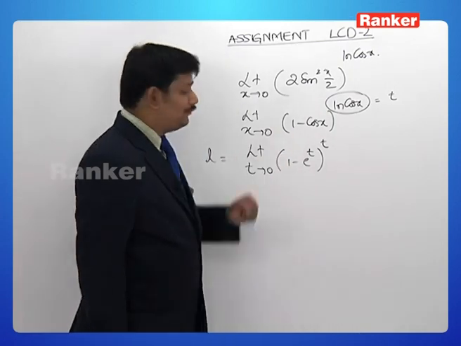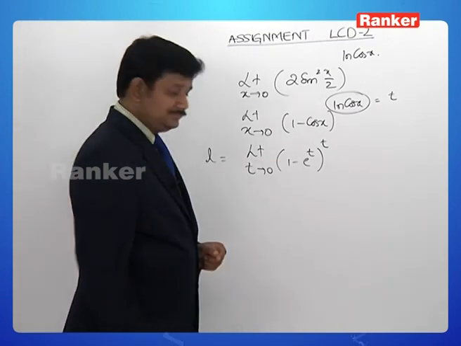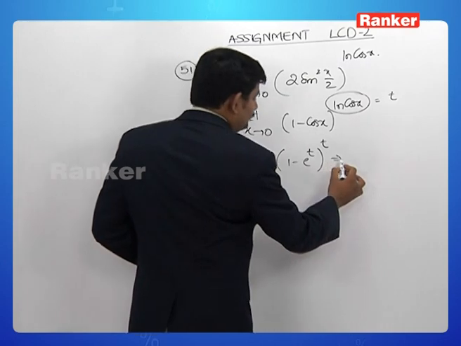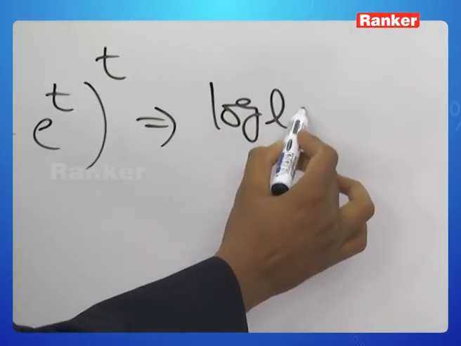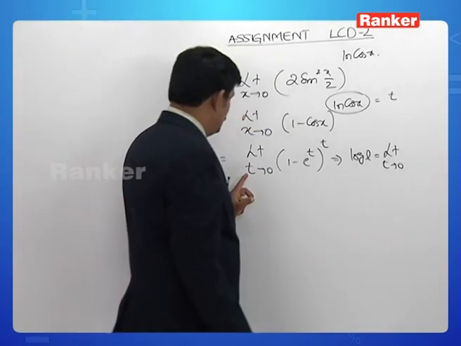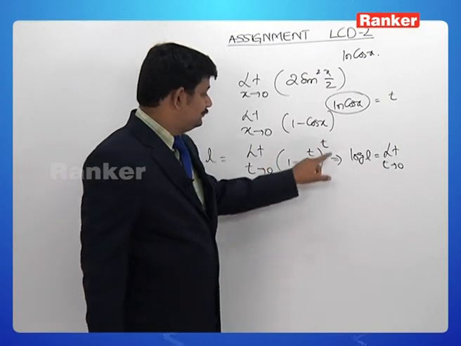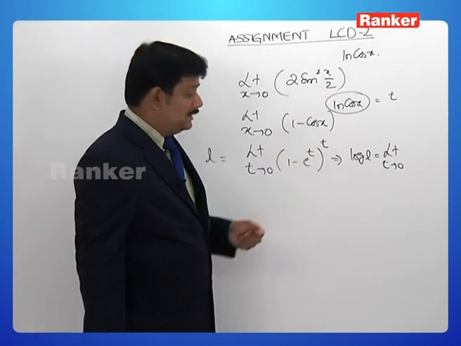This is 0 power 0 form, and whenever we need to evaluate such a form, take log. Log L would be, log and limit can be interchanged. Limit t tending to 0, log of this expression, log of a power b is b log a.